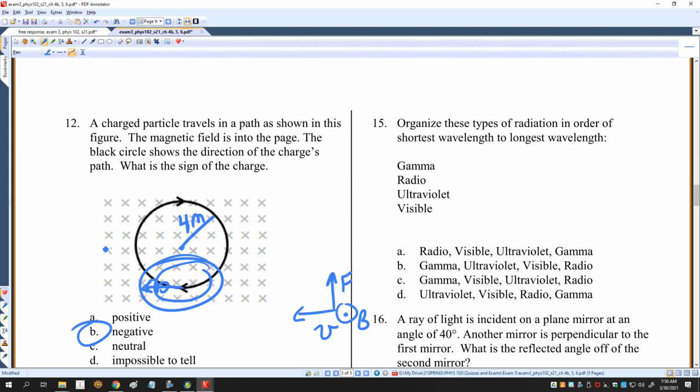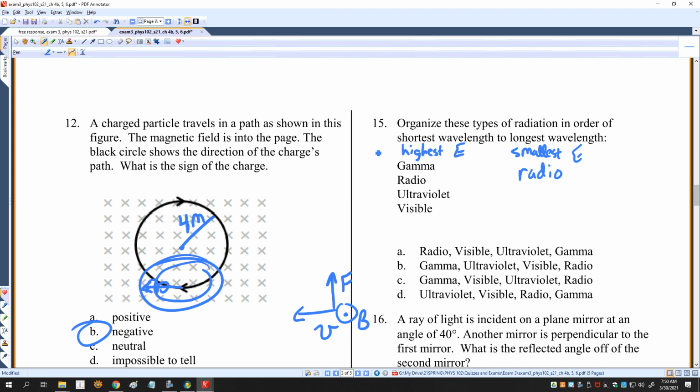Organize these in order of shortest wavelength to longest wavelength. I usually think of light in terms of energy, so I could think of this in terms of highest energy to smallest energy. But we can think of it in wavelength too. The longest wavelength that we have is radio.